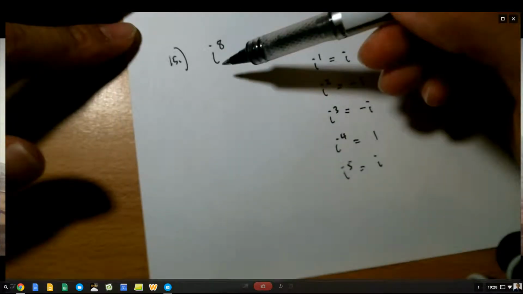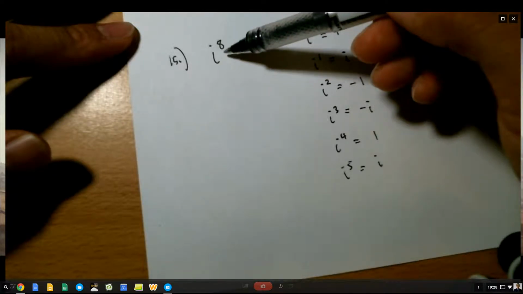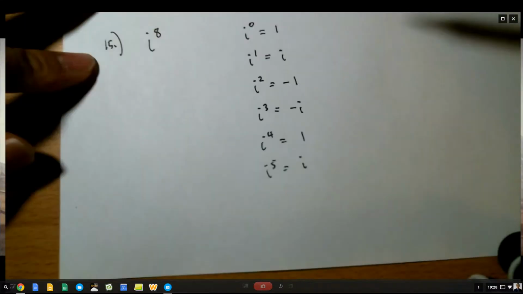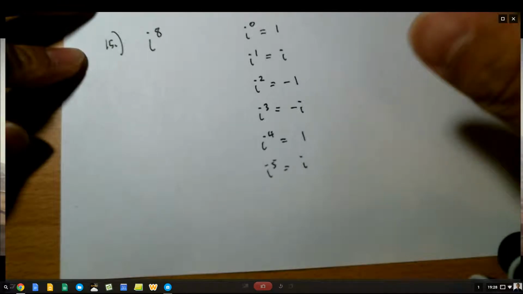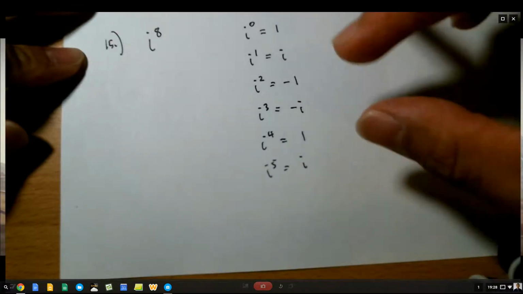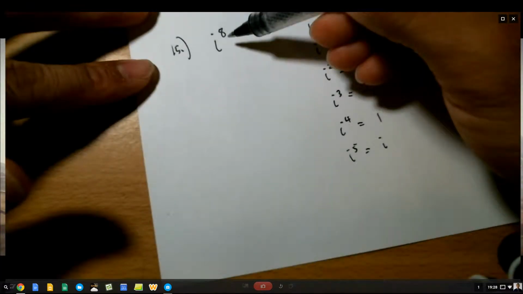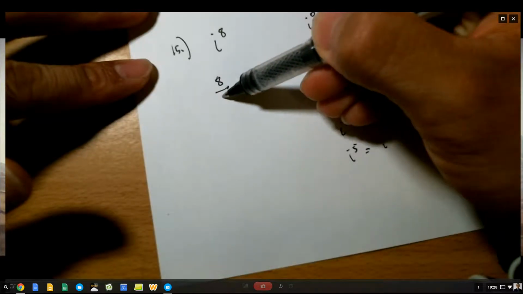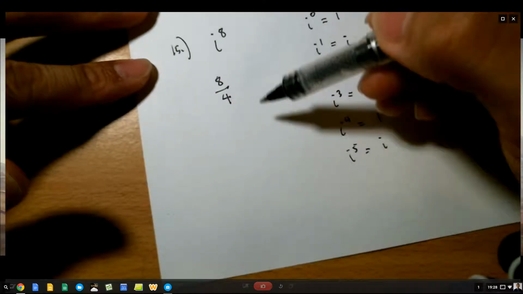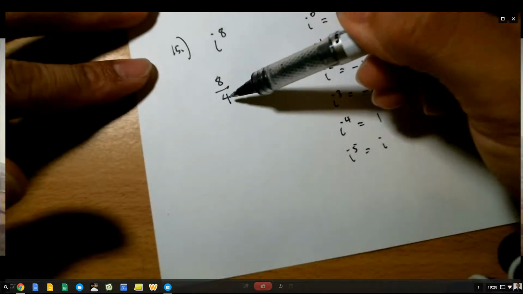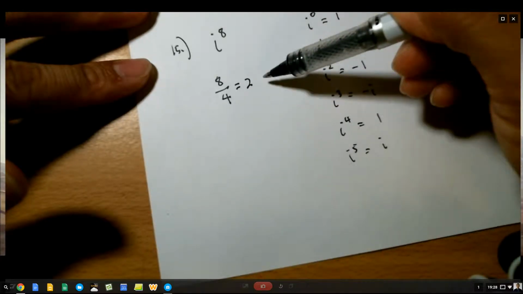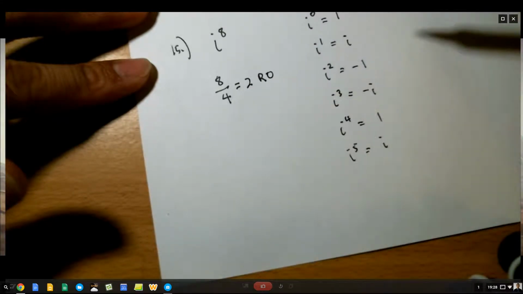So remember how we simplify this. What we want to do is i to the 8th power. It repeats every 4 times, so every 4 of them, it'll just keep repeating. So we want to divide the 8 by 4 and see what the remainder is. So 8 divided by 4, you get 2. Remainder 0.